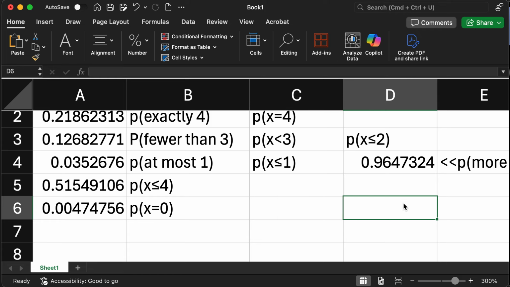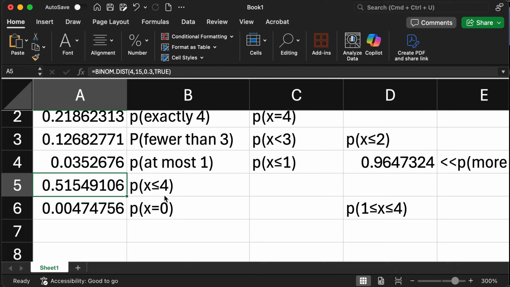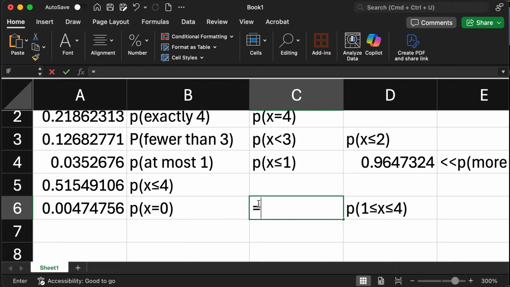So the probability of 1 is less than or equal to x, which is less than or equal to 4. This is the notation we're going to be using for the probability between 1 and 4, including 1 and 4. It's this one, and I'm going to subtract, I forgot the equal to the calculation. This one minus this one.